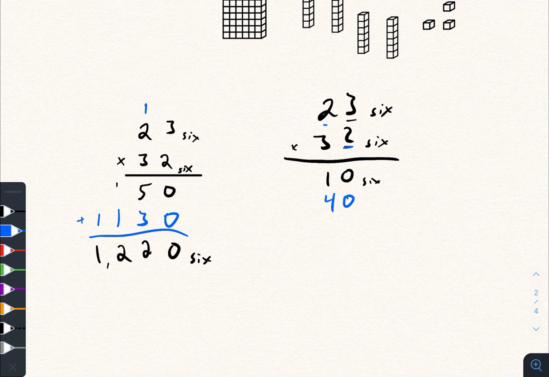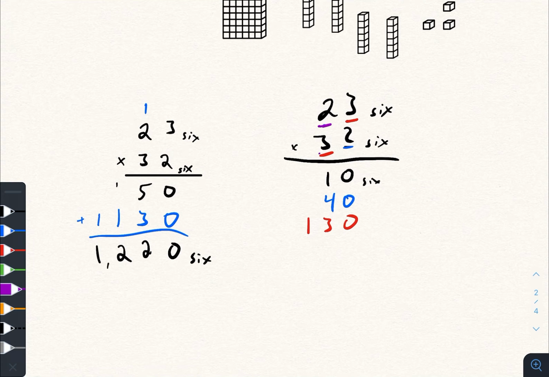So 20 times 2 is 40. 3 times 3, well, really 3 times 30. 3 times 3 is 9. Well, in base 6, though, it would be 13. So let's put a 0 there because we're multiplying by like 30 base 6. 3 times 30 base 6 is equal to 13, or 130.